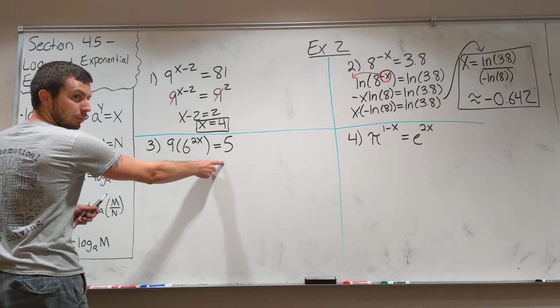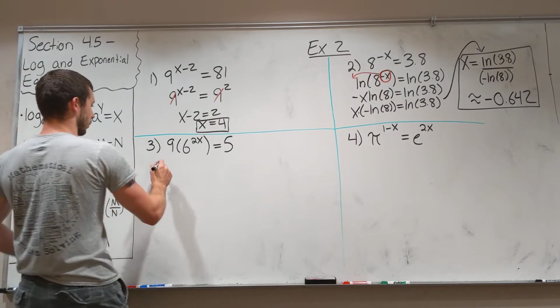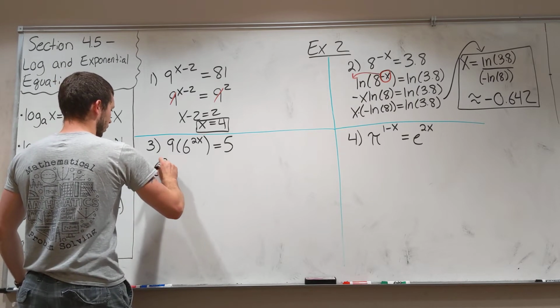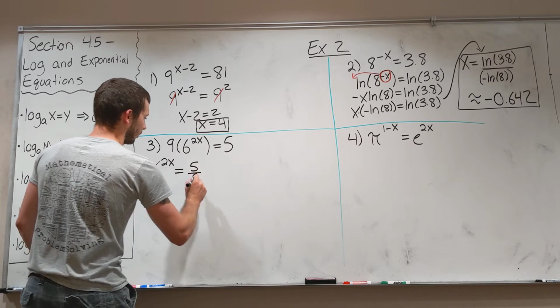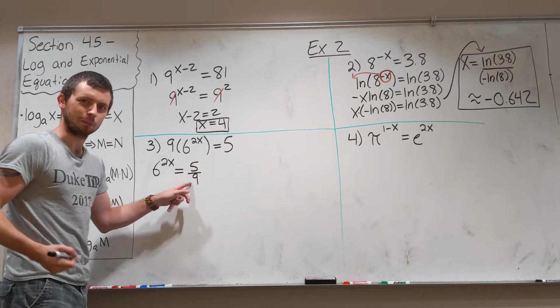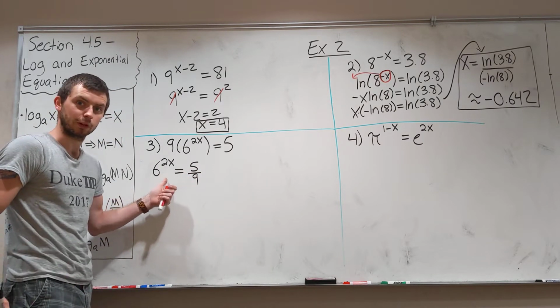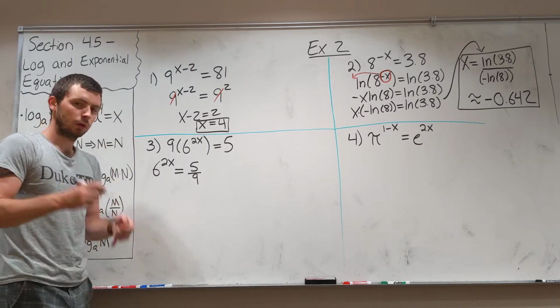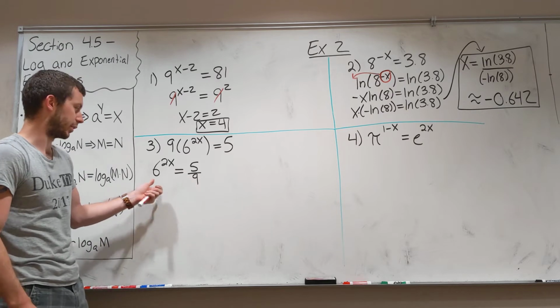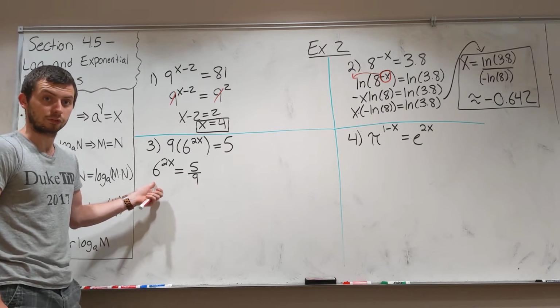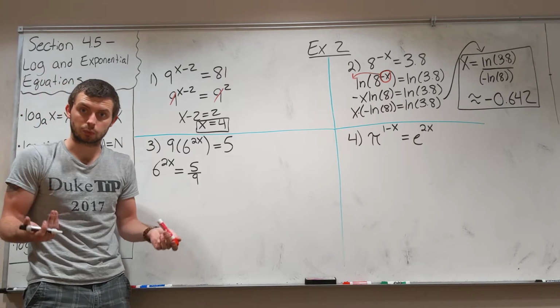We're going to divide both sides by 9, and when we do that, it does make the right-hand side a little messy, but at least the exponent is by itself. And now, well, 5 over 9 definitely cannot be written with a base of 6, so we have to apply that natural log rule again.